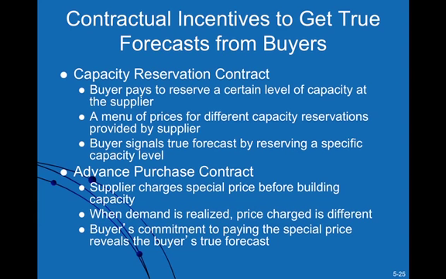So if the buyer agrees to pay a certain level of prepay for a certain level of capacity, what happens is that selection that they make, or the decision that is made, is often a reflection of where they perceive the demand to be. All right. So that by doing that, they're signaling their true feelings about the demand. So the supplier would say, "Hey, if you purchase this much capacity, here's the price. This much capacity, here's the price." And so you provide a menu of capacities and prices.